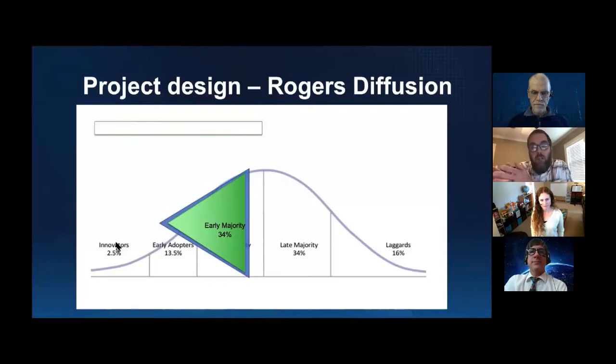And as we slide up and over that curve, we reach different types of audiences that have different characteristics. The reason this is important is because most people will fall into the majority, right? Either the early majority or the late majority. And oftentimes this also might describe our level of engagement, expertise, energy, however you want to characterize it.